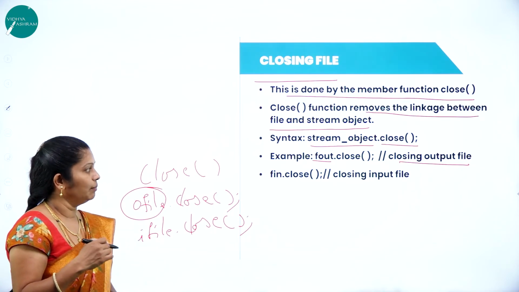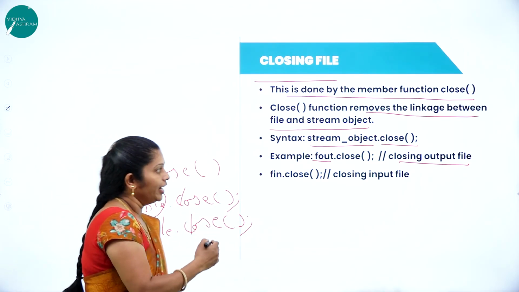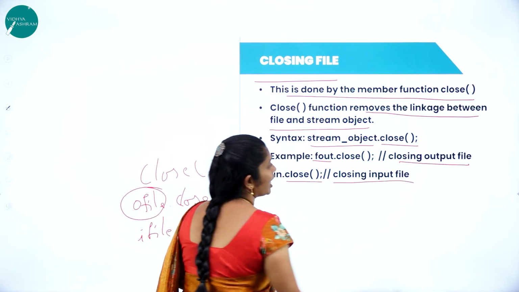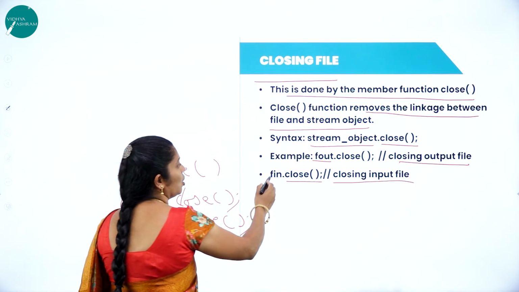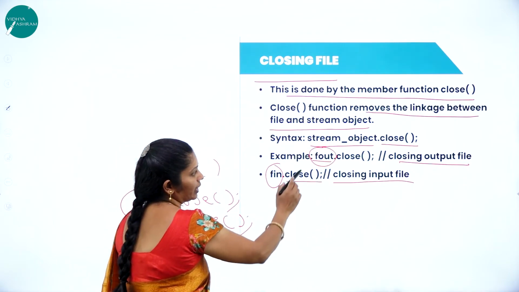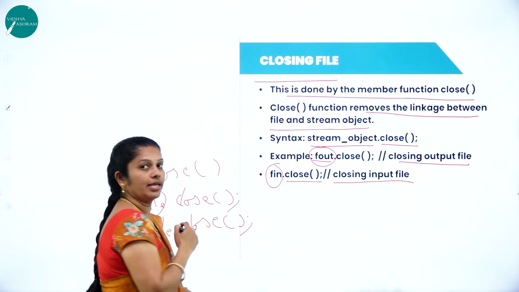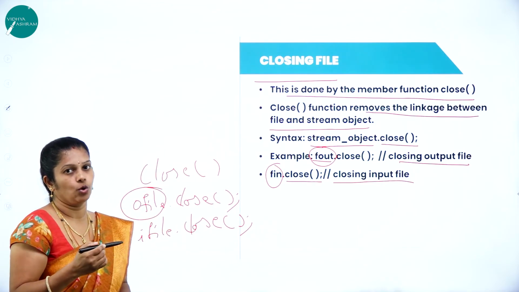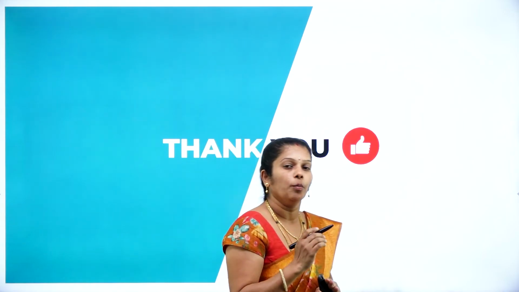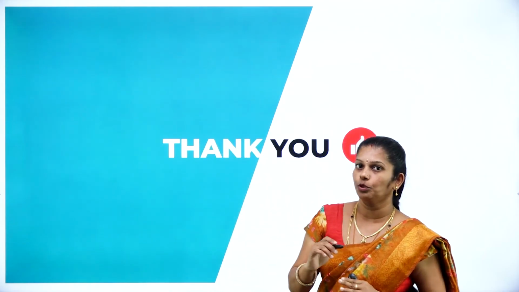From that, I am able to close the file. It means that fin.close closes the input file. Here this is an object and fout is also an object. Here it is an output object, here it is an input object. Whatever name you want for the object, you can give. With that, you will come to know how to open the file for input as well as output purpose.